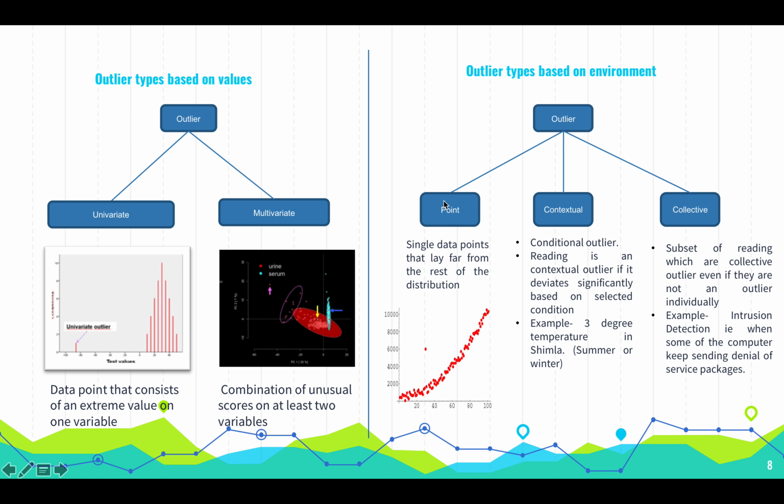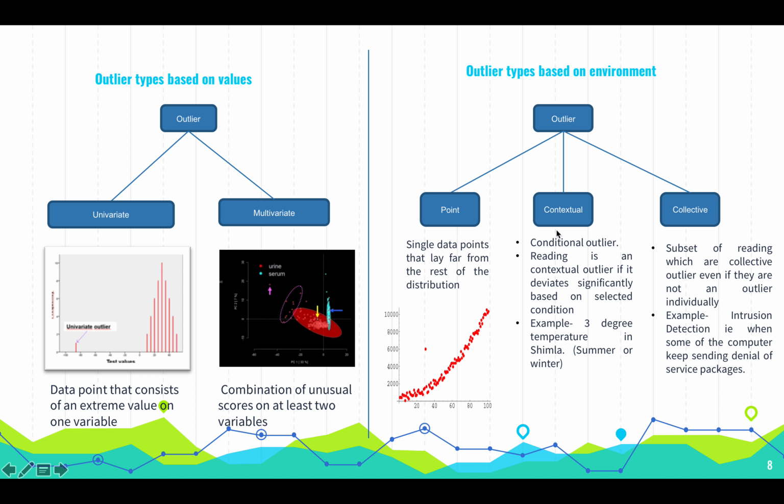Same case with point one. Contextual is nothing but a conditional outlier. A contextual outlier is easier to find for somebody who has good domain knowledge and can work on these really well.